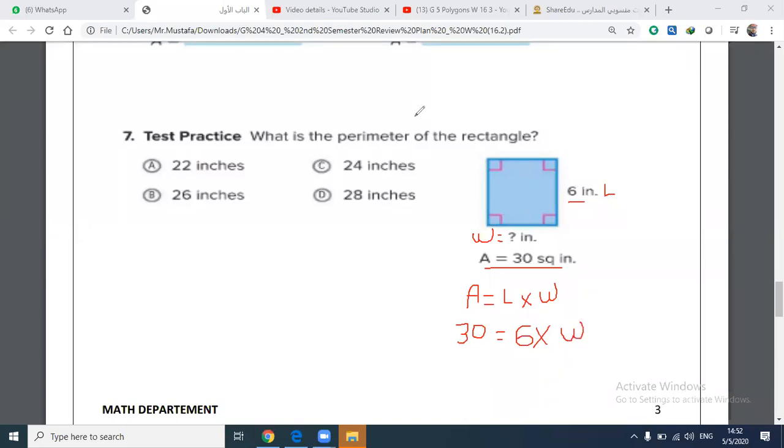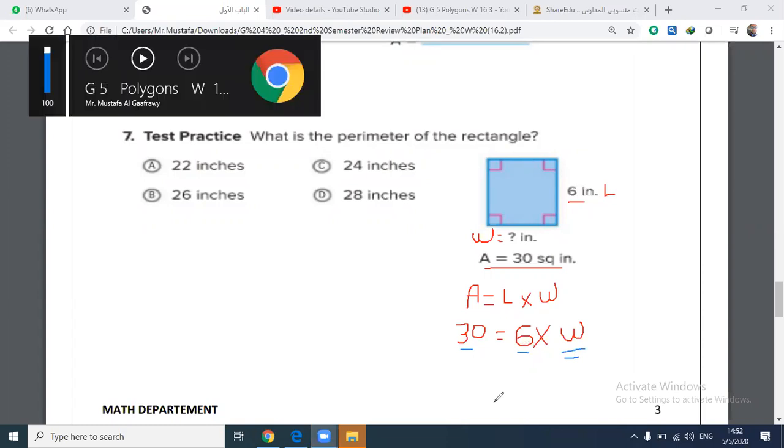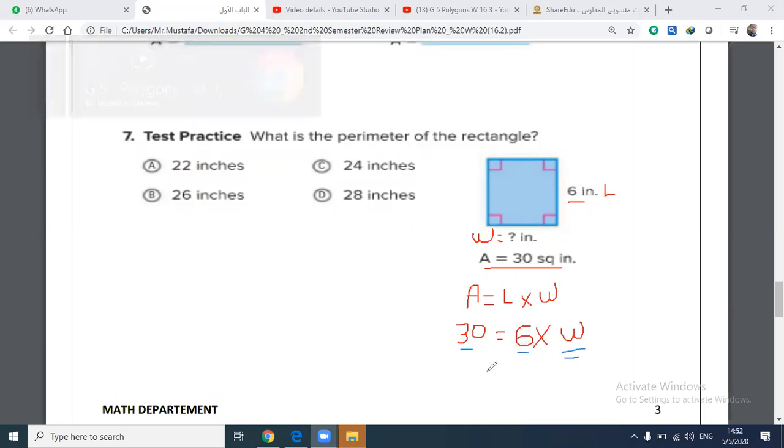So I can ask myself, which number multiplied by 6 gives us 30? Which number, Muhammad, do you know? Raise your voice, please. Do you know? No. Which number multiplied by 6 gives us 30?